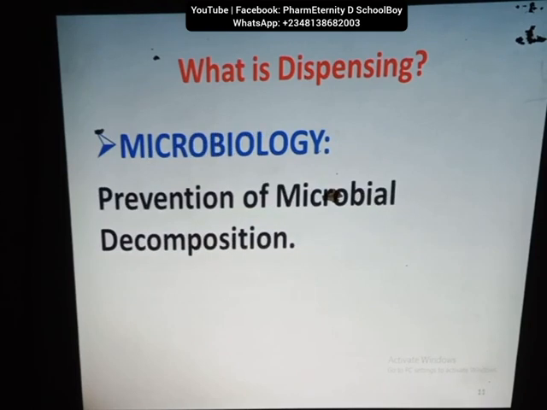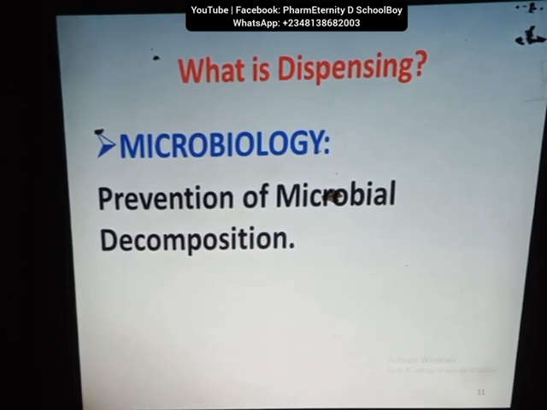Very important. Then microbiology. Knowledge of microbiology helps to prevent microbial decomposition or degradation. It's not just about microbial decomposition. What of contamination that could even lead to introducing a disease to the patient that is using the product?